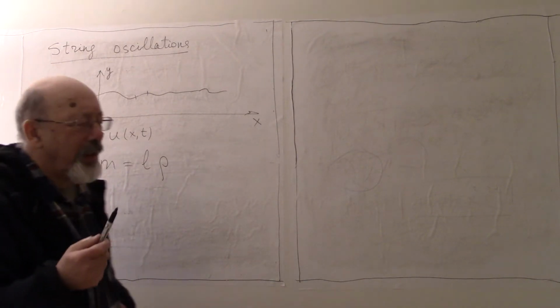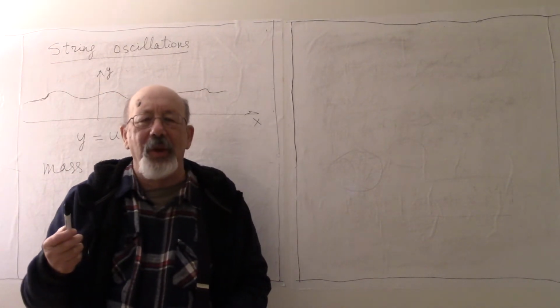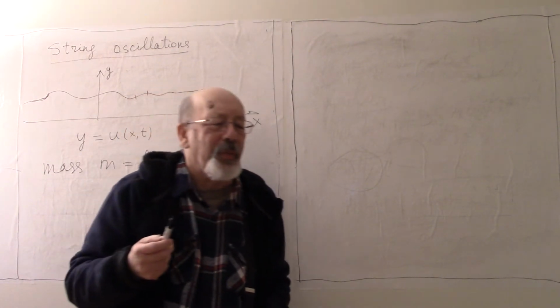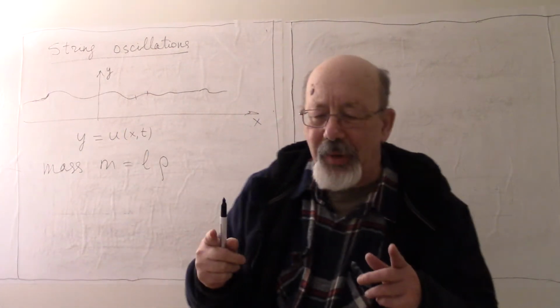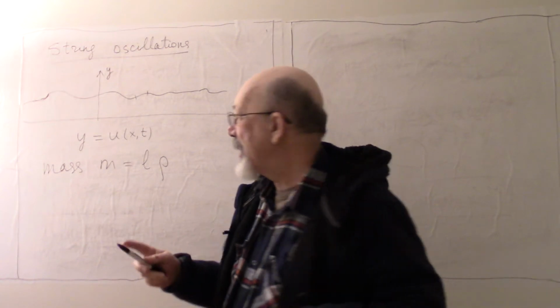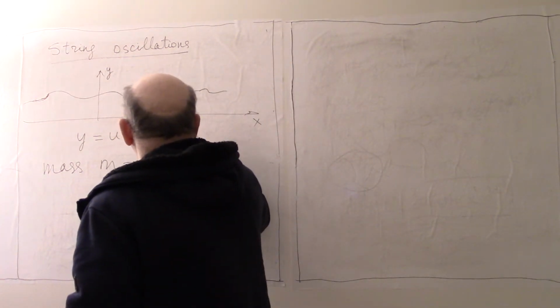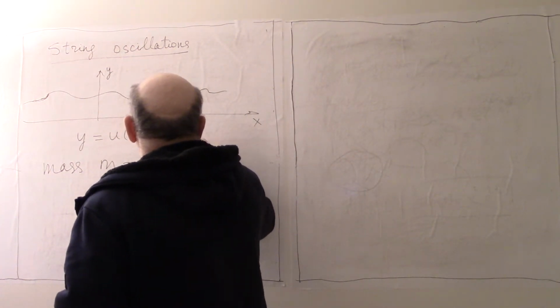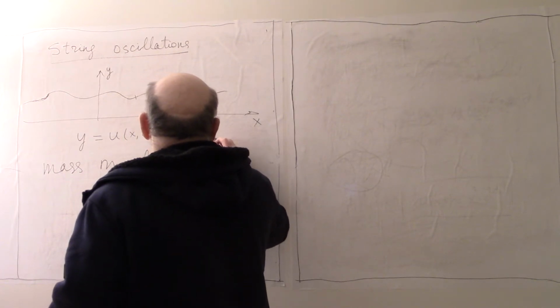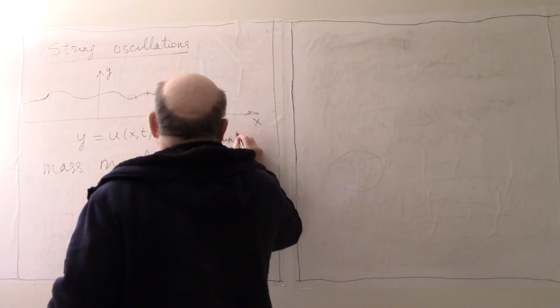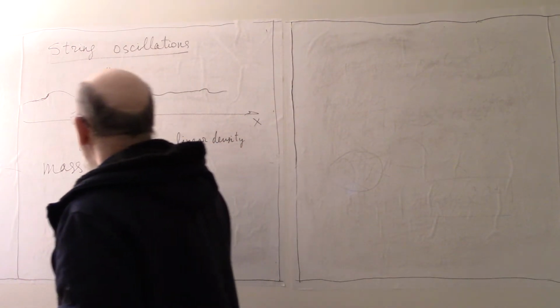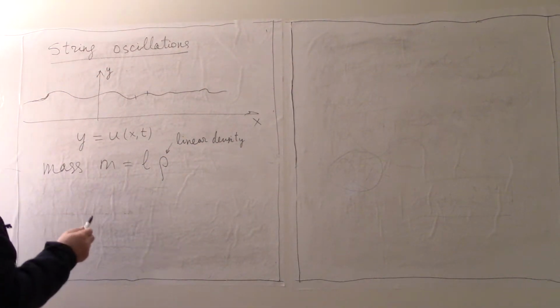Rho is the linear density of the string, so the mass of, say, 1 meter of the string.